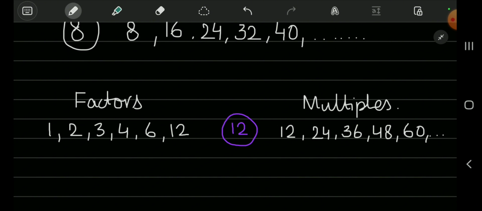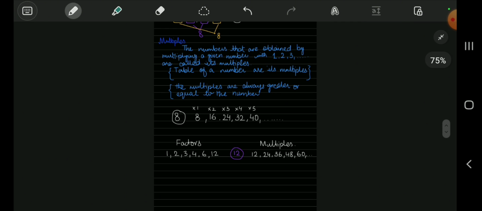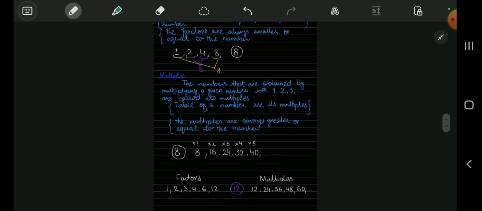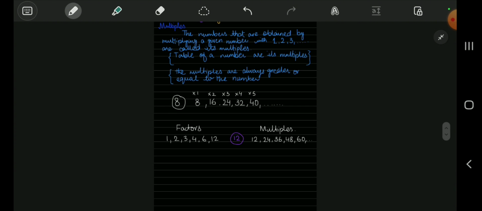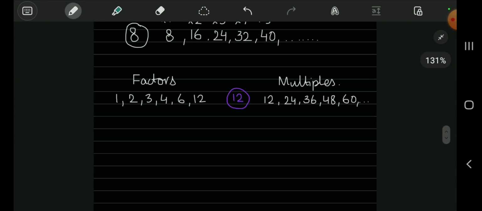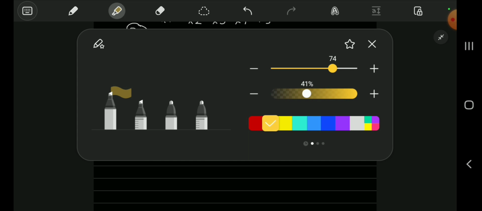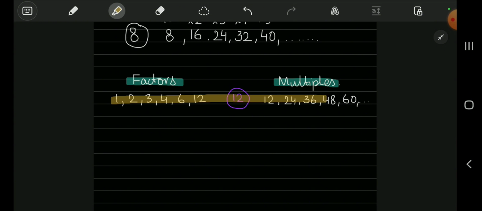So this was a quick review of factors and multiples, a comparison. If you want to understand in detail, you can refer to these definitions. And if you want to remember concisely, this is a great way to remember what factors and multiples are.